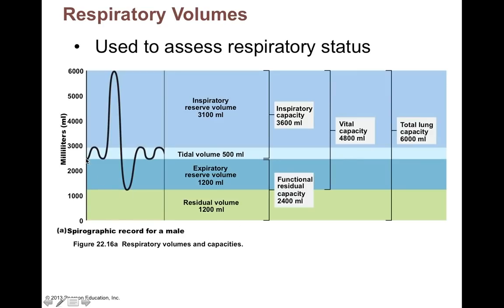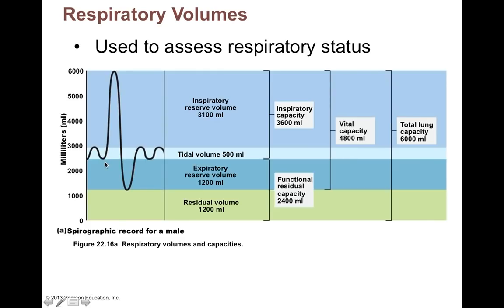These little tiny humps are called tidal volume, an inhalation and exhalation. Tidal volume is just a normal, quiet breath, like when you're at rest and not thinking about breathing, but you are breathing, just normally and quietly. That's tidal volume, which is right around 500 milliliters, or half of a liter, right?